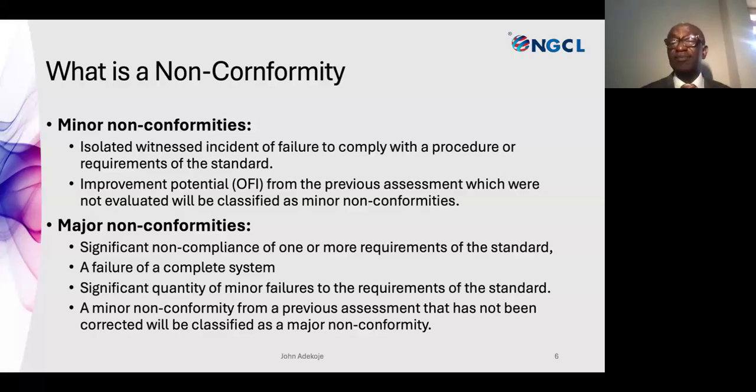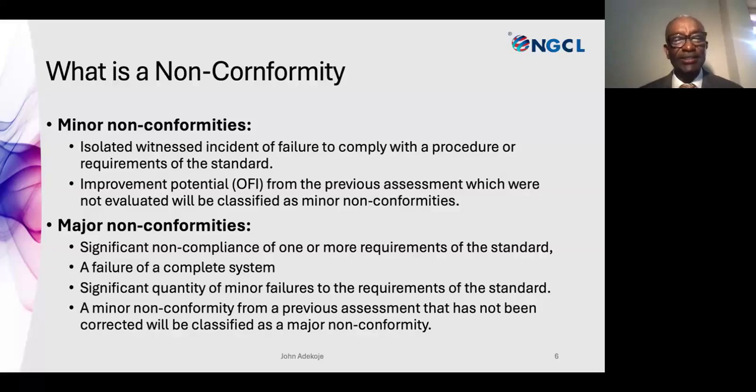They were not evaluated, they were not addressed, and it has blossomed into something. Once it is identified, it will be classified as a non-conformity. That means opportunities for improvement that are not addressed can graduate into a non-conformity, and it's a minor non-conformity.